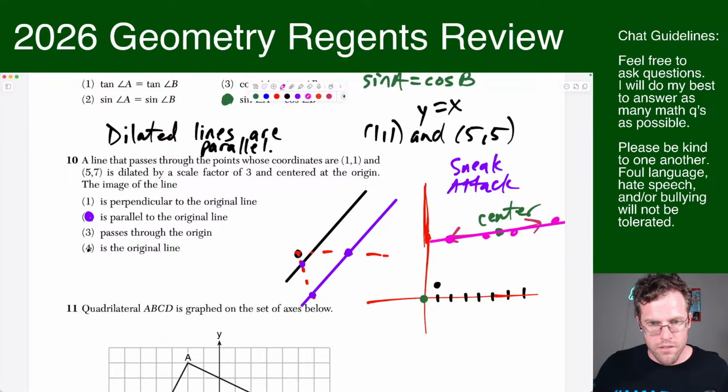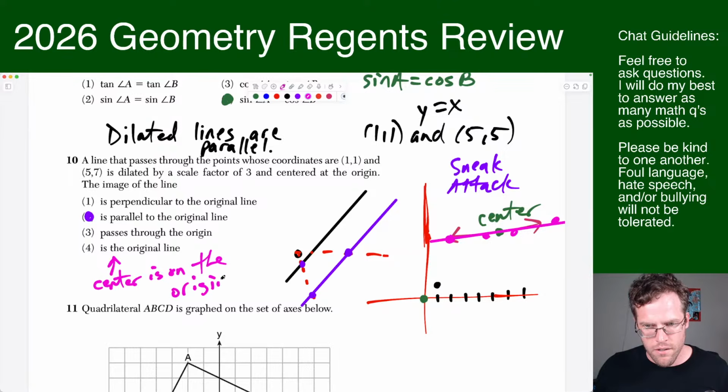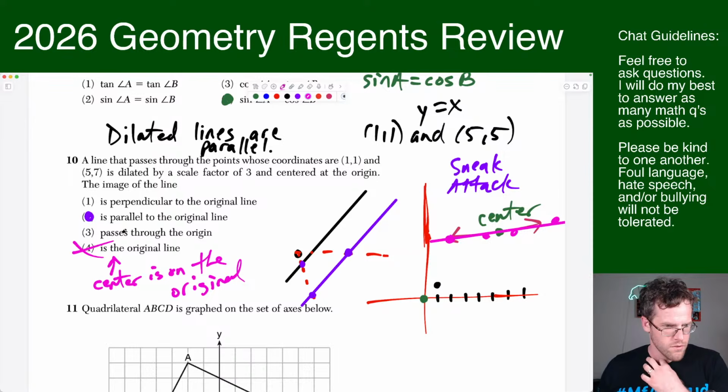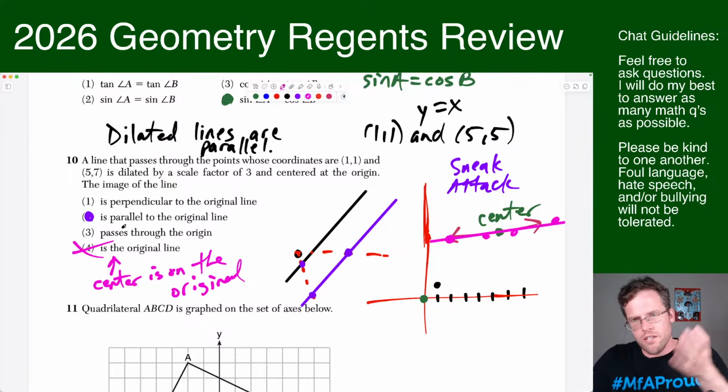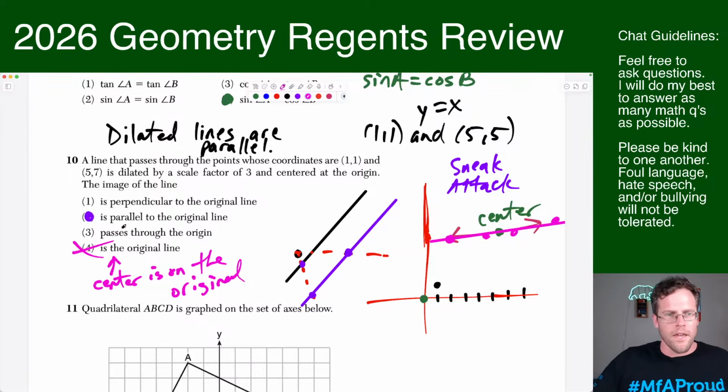Then it would be the original line. So this is like the center is on the original line. But that's not what happened here. So parallel. All right, yeah, 2016, but I think you could all see this is very current stuff, like the dilated lines being parallel. If the center is on the line, then that's no good. So yeah.